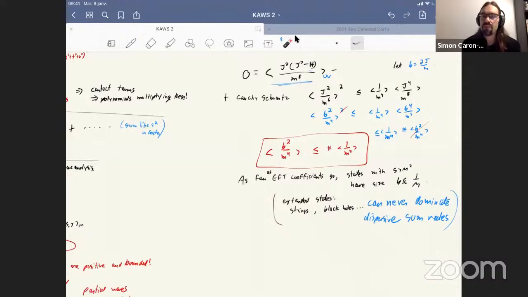Right. And also, I wanted to clarify your comment, "this should shock you." You said that we have extended states like strings and black holes that we generally expect, but these are not going to dominate these dispersive sum rules for the first few low energy coefficients. But that is expected, right? I don't see the signature of strings in low energy scattering experiments.